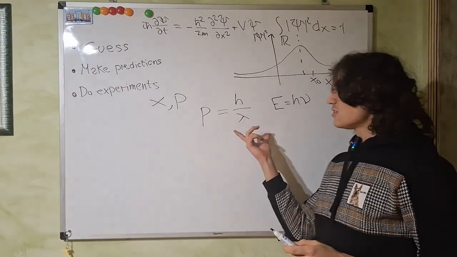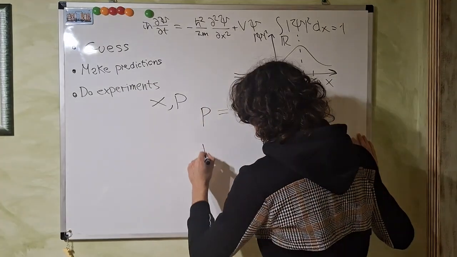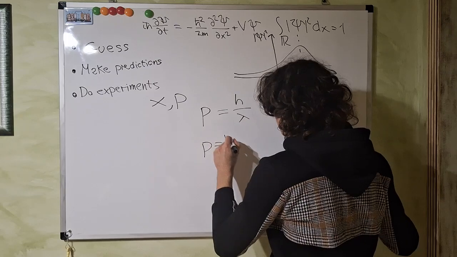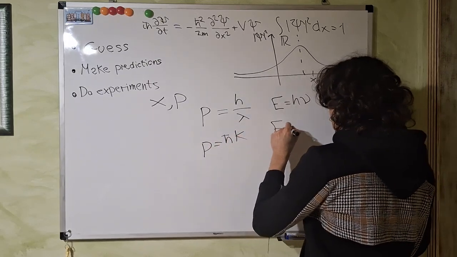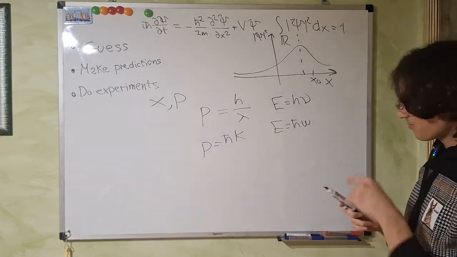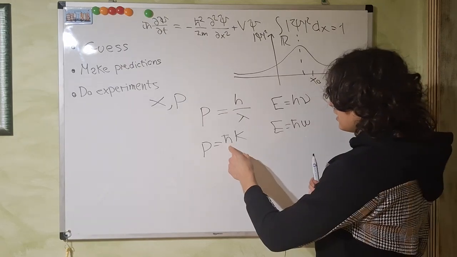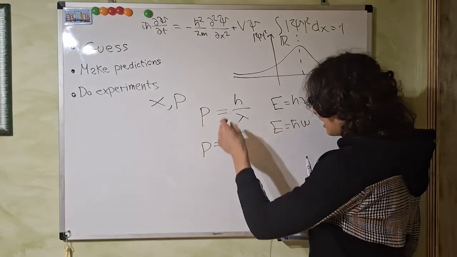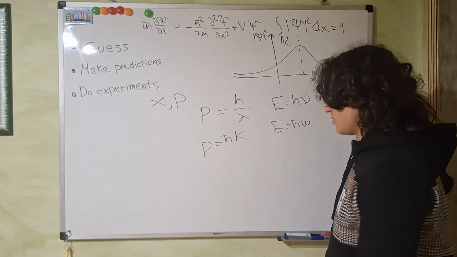Now, this is not how physicists normally write these quantities. Physicists normally use this notation, h bar times k, and E equals h bar times omega. And why do they use this notation? Because this h bar is h divided by 2 pi, and it's more comfortable because it occurs a lot of times.